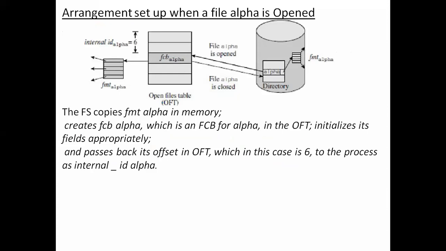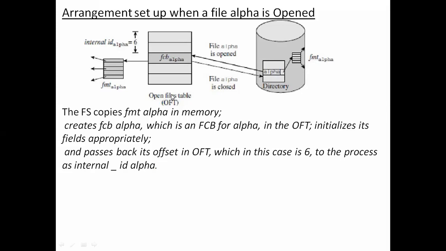You can see the figure here. Whatever statements we had given, all the information is given here. Suppose I open a file. When a file is opened, the file system will store its file control block information in a new entry of the OFT table.